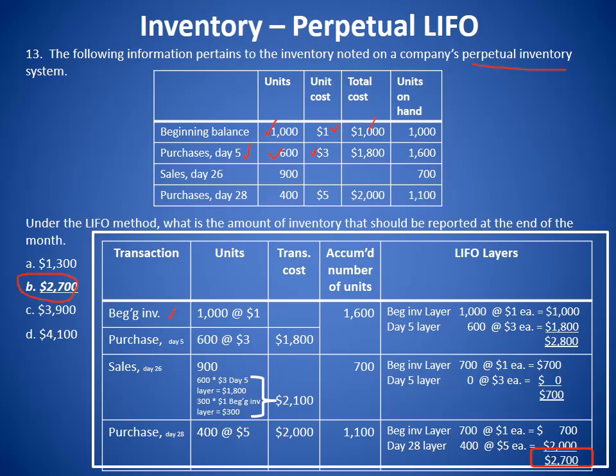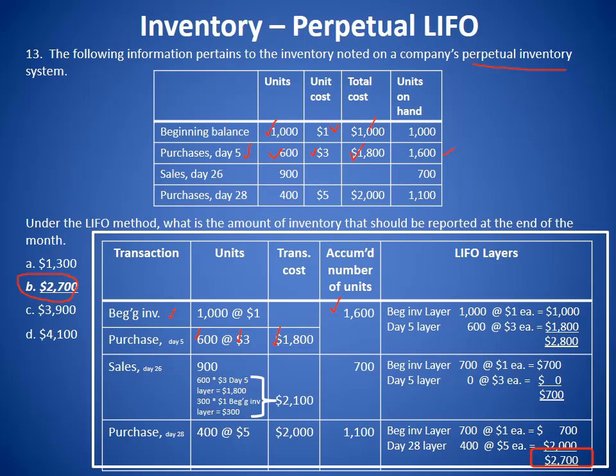So here I show on my calculation, we have 600 units at $3 a unit. The total transaction cost, which is the same in the schedule above, is $1,800, and I'm also going to track the accumulated units, which is simply the 1,000 units I had originally plus the additional 600 units. That equals 1,600 units.